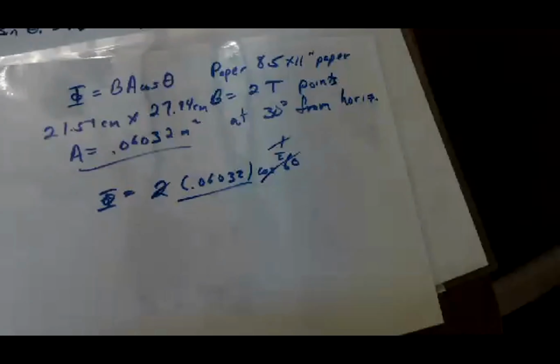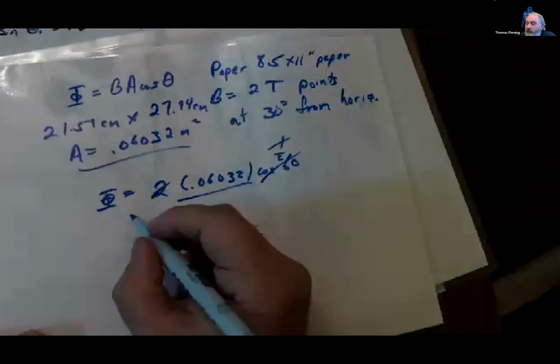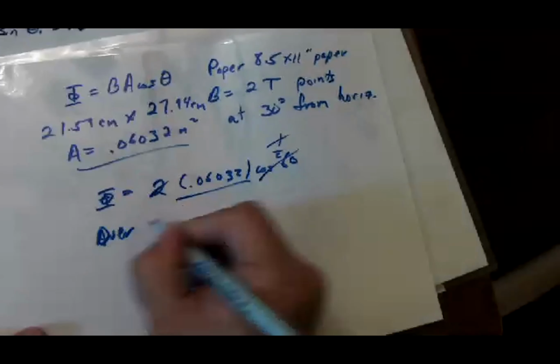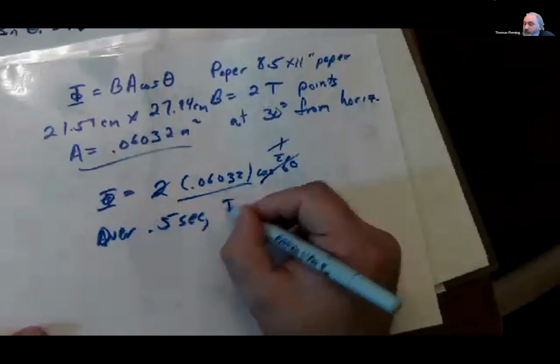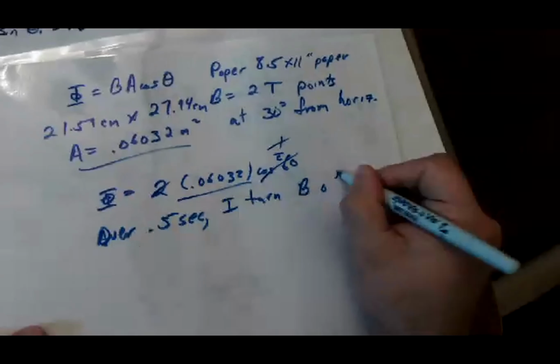Wait, repeat that? So I've got this magnetic field, same setup we had for this problem, except that over half a second, I turn the magnetic field off. Wouldn't you just divide the number? B is going to be negative.